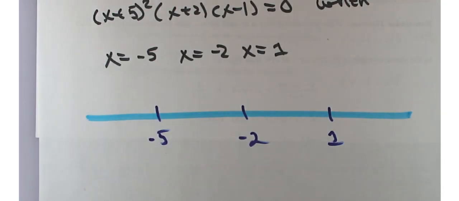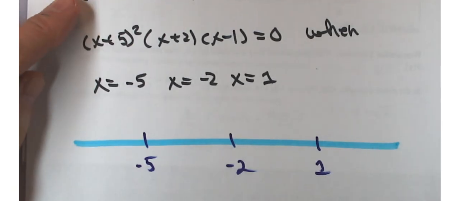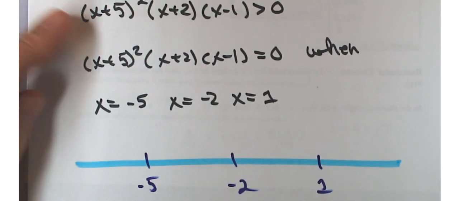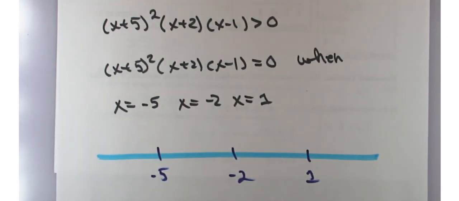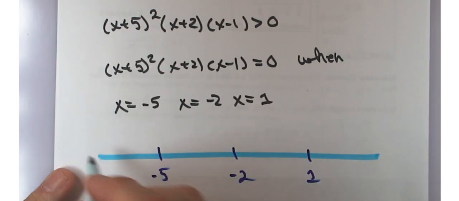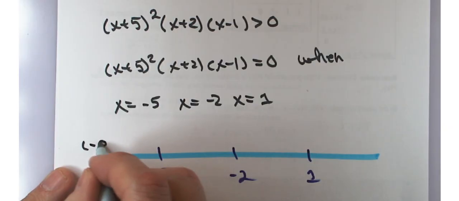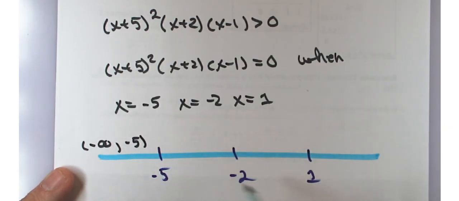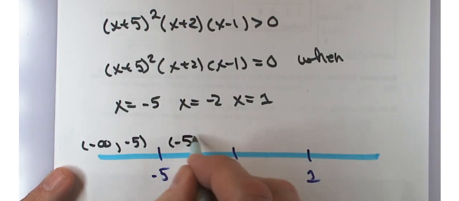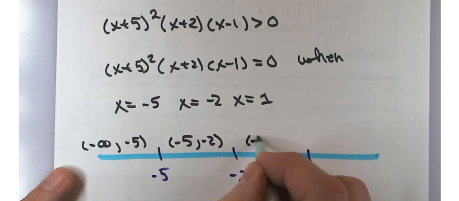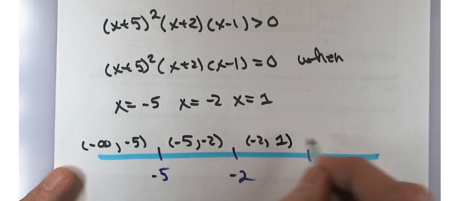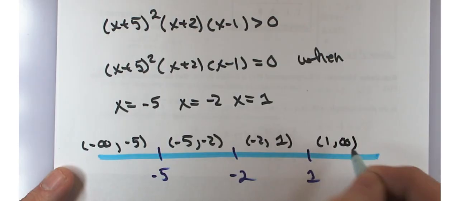Now, because we're looking for where this is greater than 0, I'm not going to actually include the endpoints of these intervals. So I'm just going to write it all with parentheses. This first interval is -infinity to -5. Then -5 to -2, -2 to 1, and 1 to infinity.